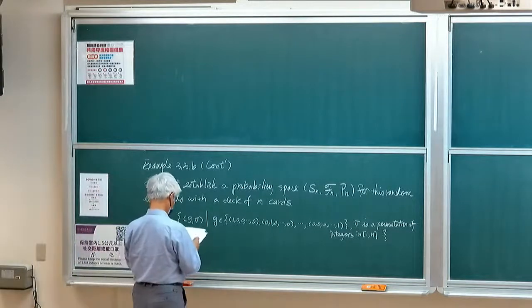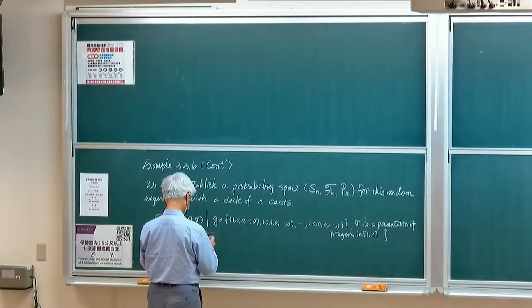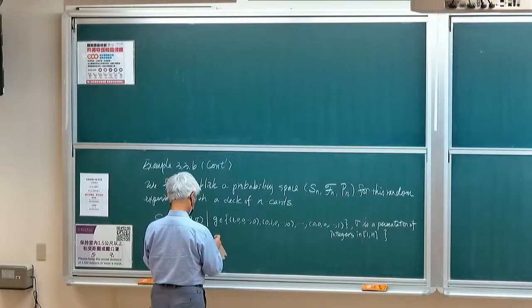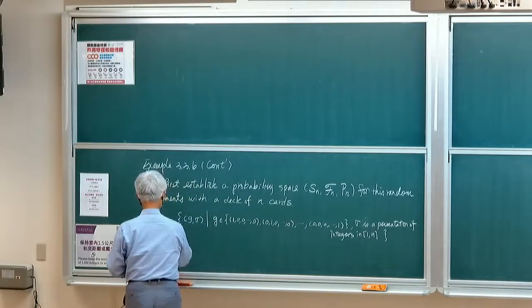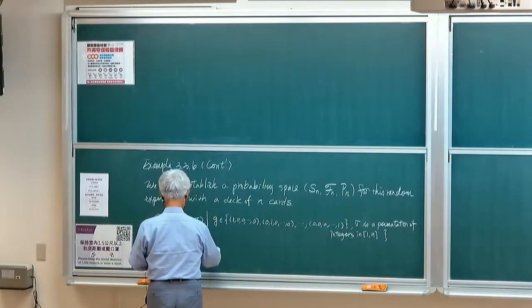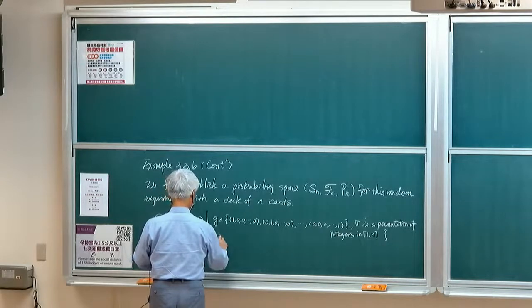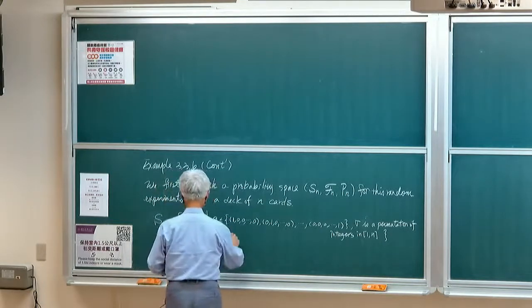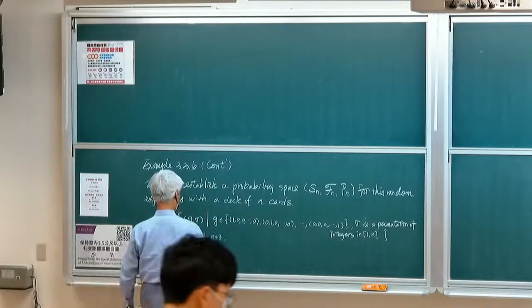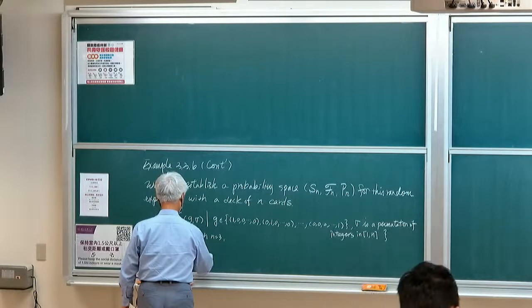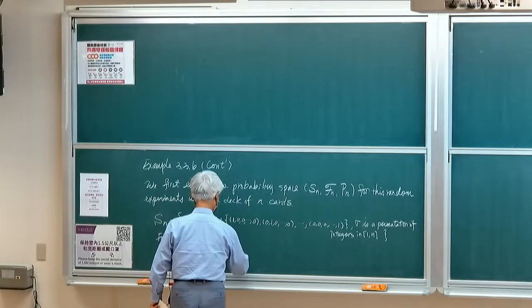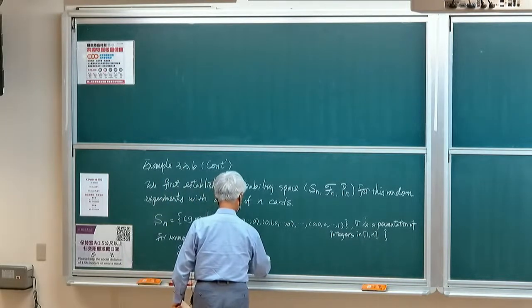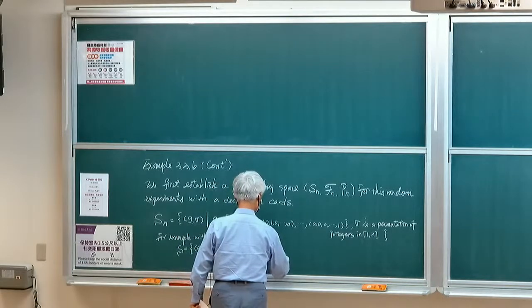So for example, with n equal to 3, X will be the pairs G and sigma, such that G is in 1, 0, 0, 0, 1, 0, and 0, 0, 1.